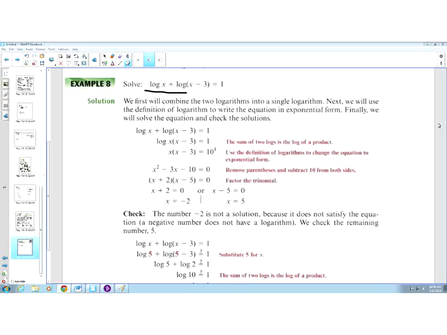Other things we can deal with would be absolute value. Let me see if I have some good and useful notes on absolute value.